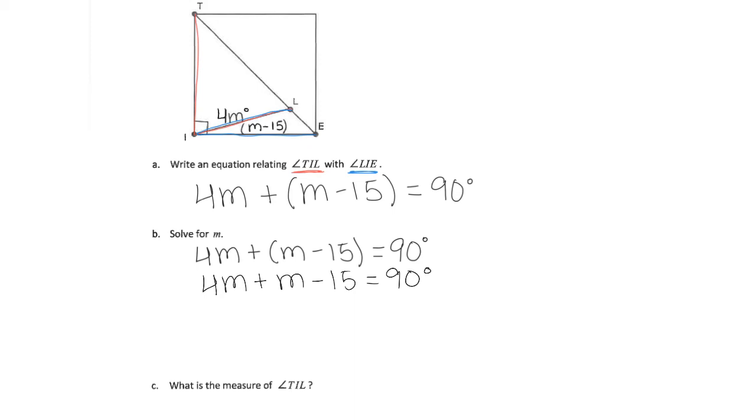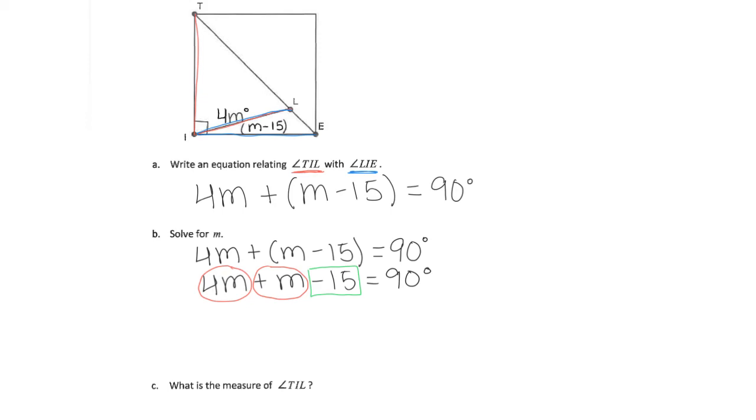Now we do what is called combining like terms. Here I see that I have 4m, and the other term that is like 4m is plus m. Now the term that is by itself is minus 15, because 15 does not have a variable associated with it, so we know it's not the same term as these ones.